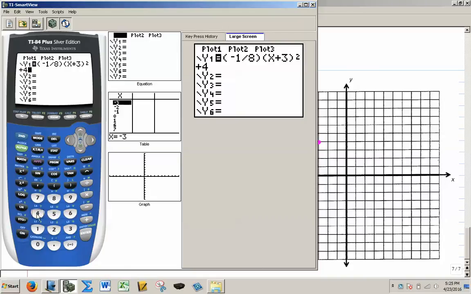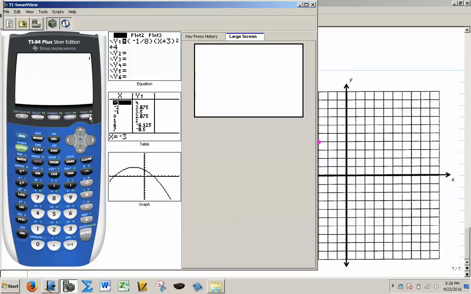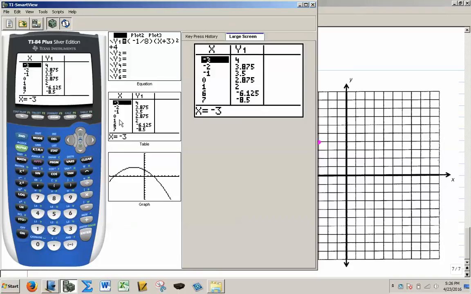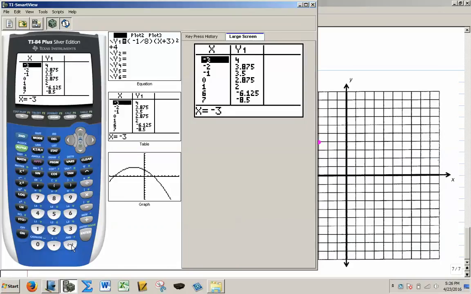I wanted to avoid all of those fractions that I had with the original equation. And that looks about right. My vertex was at the point (-3, 4). Okay, so let's take a look at our table. I believe I had chosen the points. Where did I start? -5. So -5, -4.